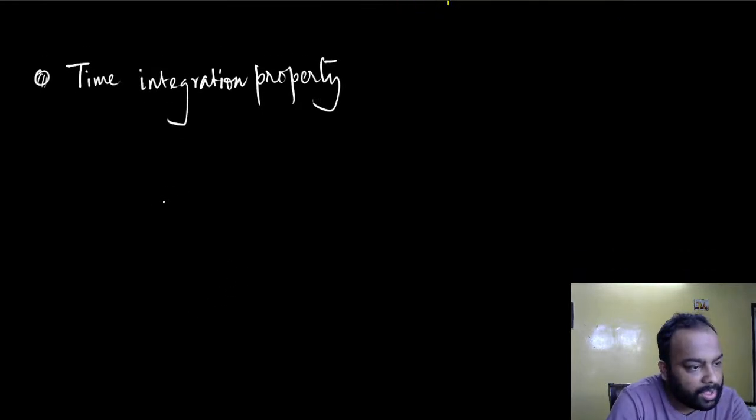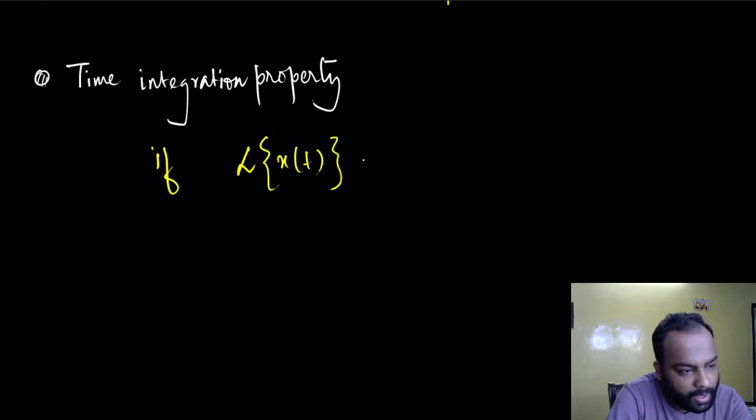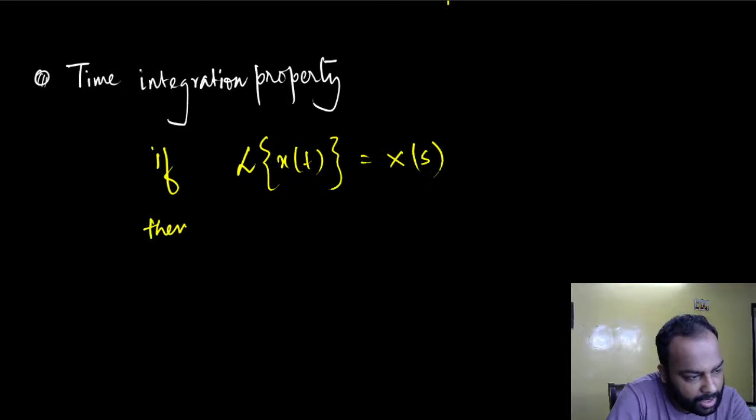Look very carefully. The same type of question stands here. If the Laplace transform of x(t) is known to be X(s), then what is the Laplace transform of this integral?